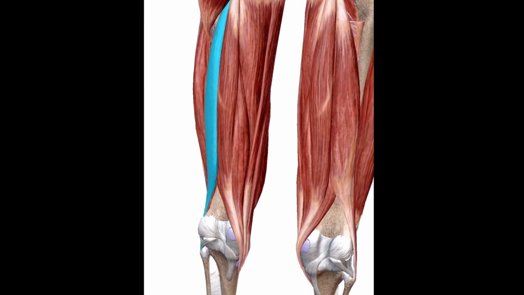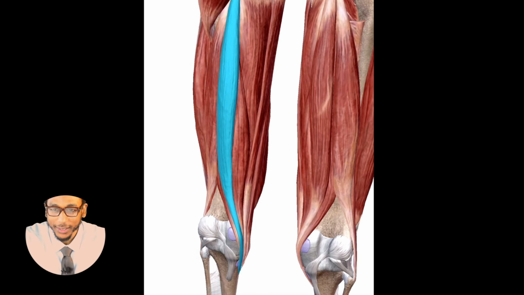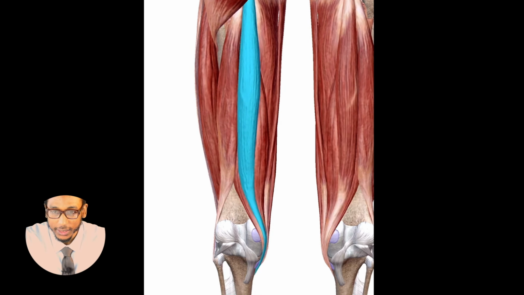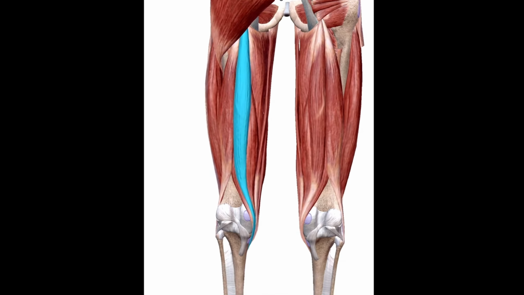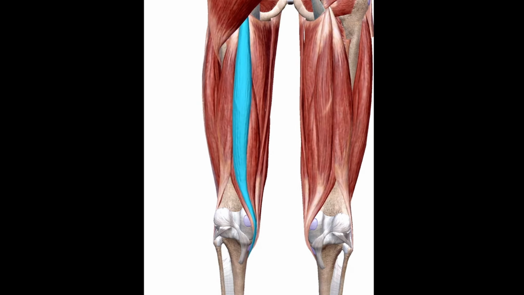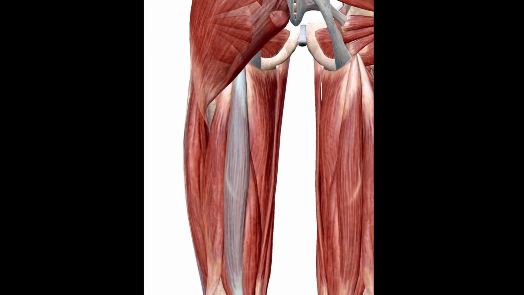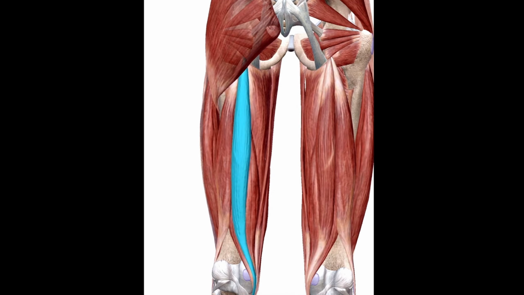Okay, let's talk about this next one here. The semitendinosus, right? What's the origin for the semitendinosus? That's right, it originates on the ischial tuberosity. Okay, what about insertion for the semitendinosus?